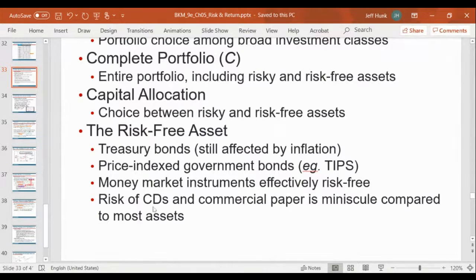And the risk of CDs, certificates of deposit, and commercial paper, short-term corporate bonds, is minuscule compared to most assets. So you can construct a portfolio of risk-free assets with these instruments. Again, let's just simplify for our thought experiment and just call it a treasury, right?